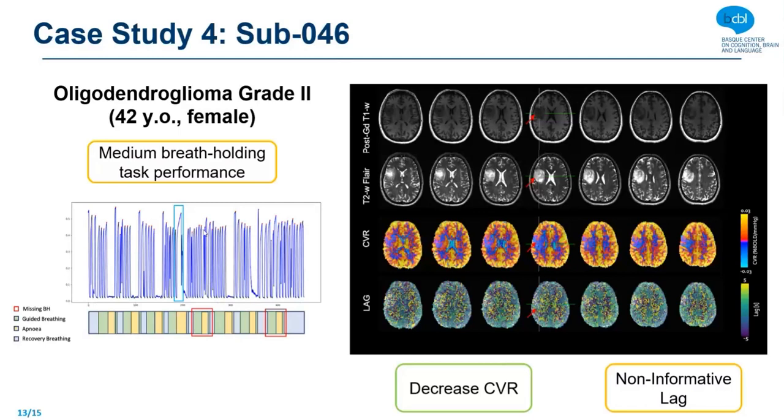We also have an increase of the CO2 in the middle of the apnea, which indicates that the patient exhaled before time. Seeing the maps, we see a decrease in the CVR map if we compare the left hemisphere with the right hemisphere. However, in the vascular delay maps, we didn't have any information. Also, in the CVR maps, we cannot see the limit of the tumor. We just can see that there's a decrease.